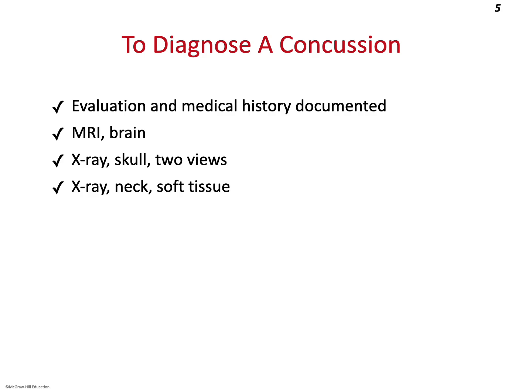And then an x-ray of the skull. And remember, when we report x-rays, we have to look for how many views, because that may change the code we report. And then an x-ray of soft tissue of the neck, which makes sense. If somebody got bonked in the head, that can cause what's known as whiplash, damage to the soft tissue of the neck. So good for this doctor to check that out.